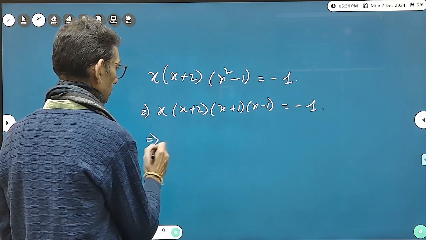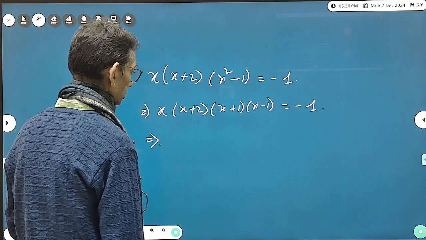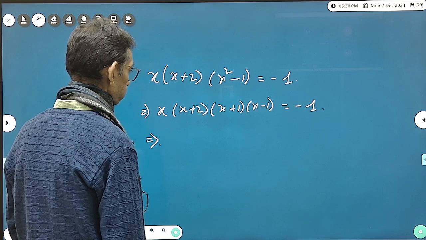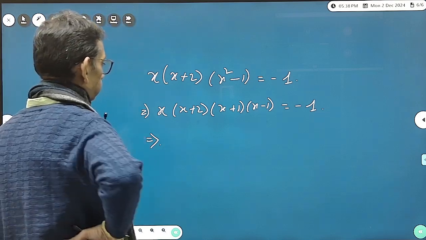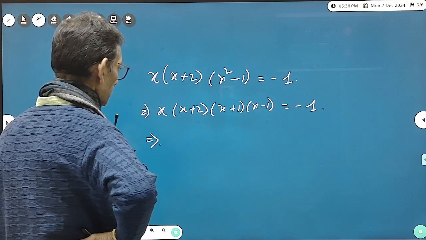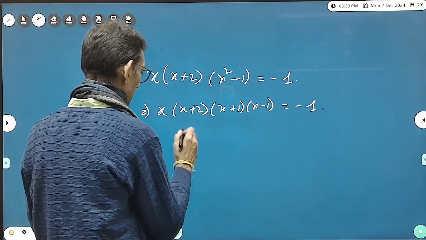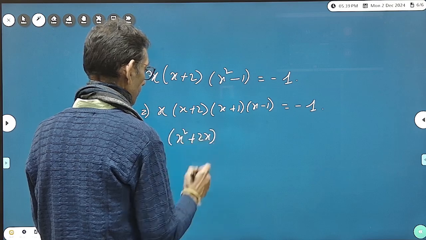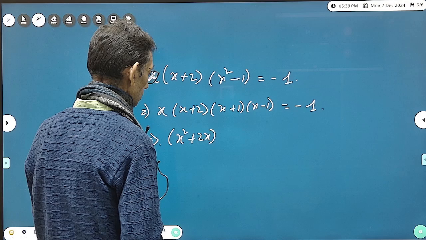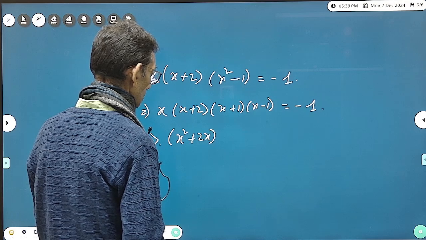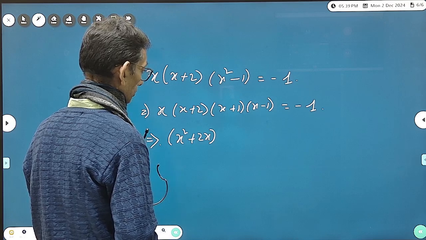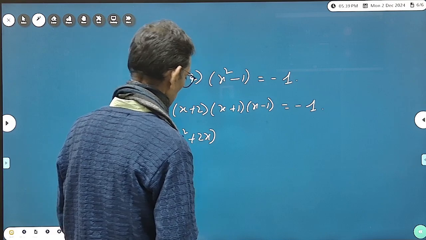So now you have to make it a quadratic equation.